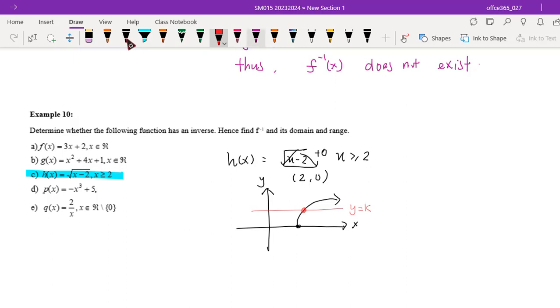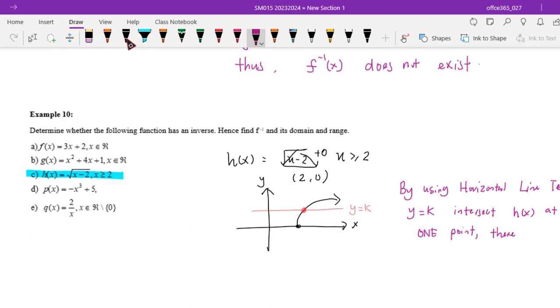But we have to write it down in a sentence by using the horizontal line test. The horizontal line y equals k intersects the function h(x) at one point.